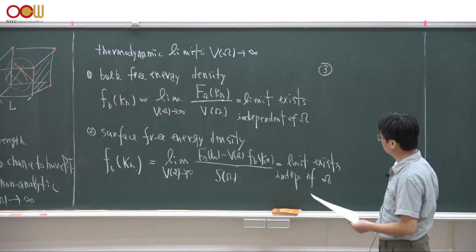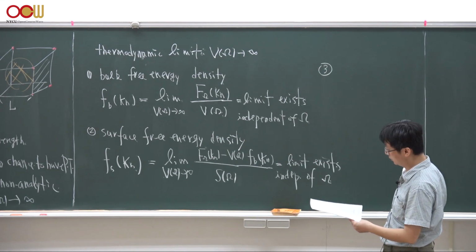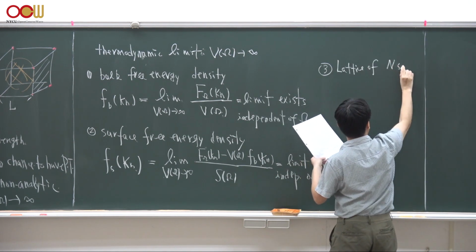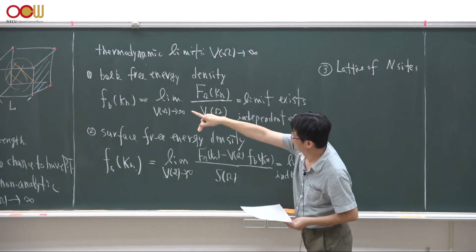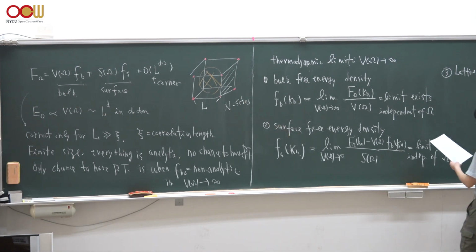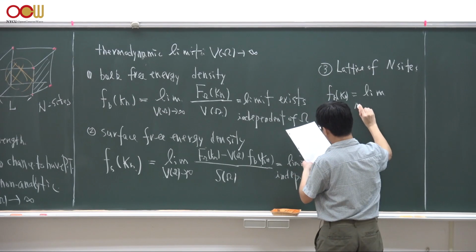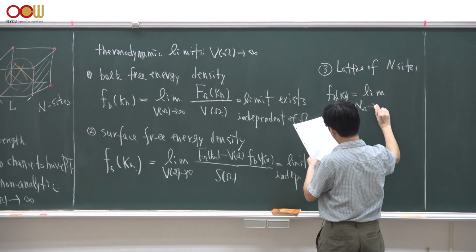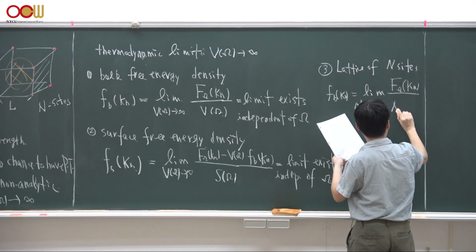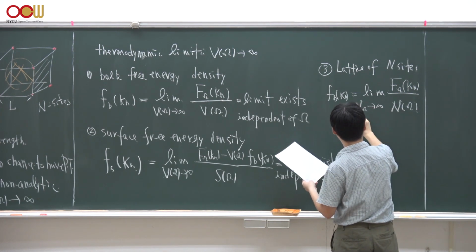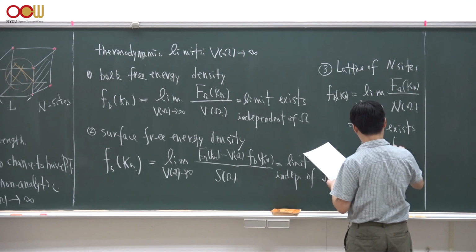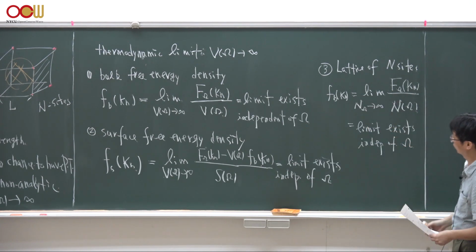And the third quantity that can be defined in the thermodynamic limit is the bulk free energy density on the lattice. Suppose that we are dealing with a lattice with n sites. On the lattice we can define this bulk free energy density as the number of sites goes to infinity, taking the ratio of the capital F omega to the number of your sites. And that limit should also exist, and also should be independent of your system size or space.